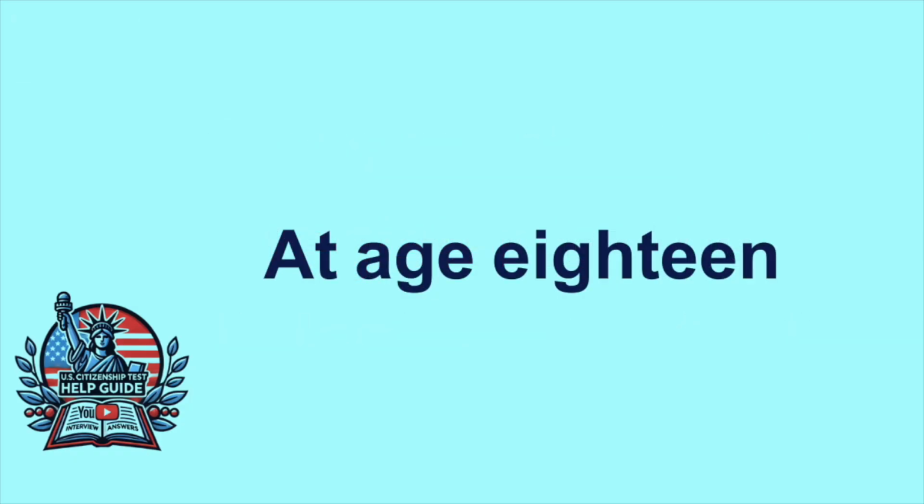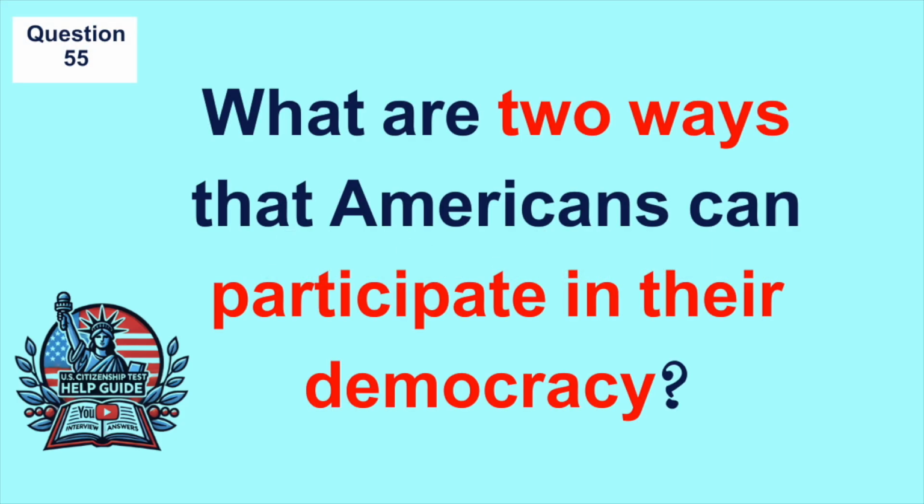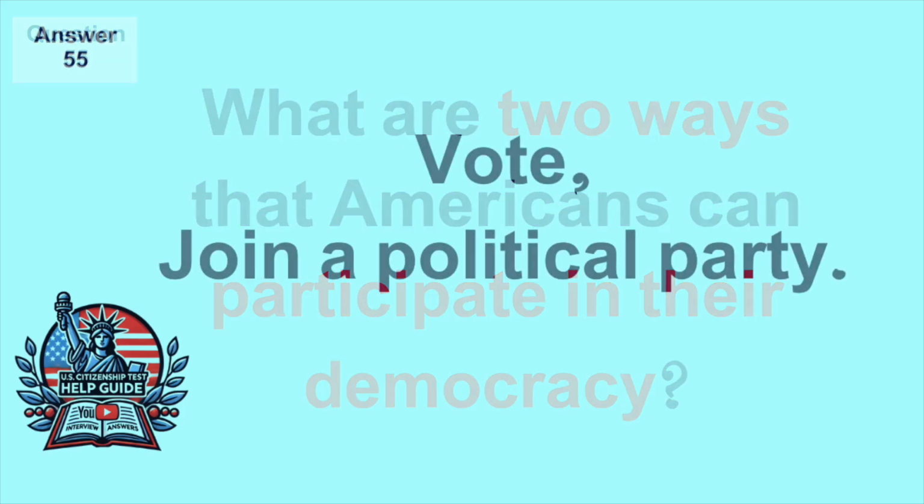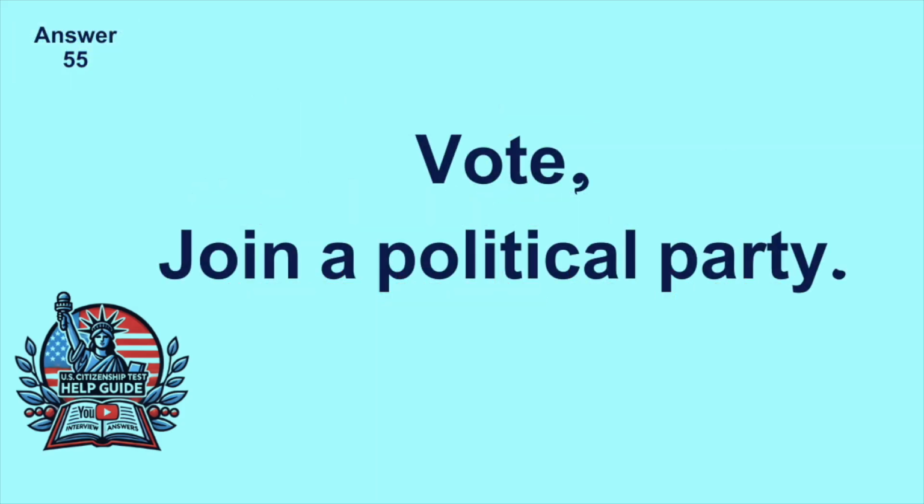At age 18. What are two ways that Americans can participate in their democracy? Vote. Join a political party.